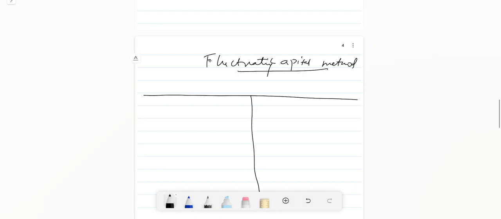So now we will start with fluctuating capital method. So in fluctuating capital method, we have only one account to be maintained. Credit.